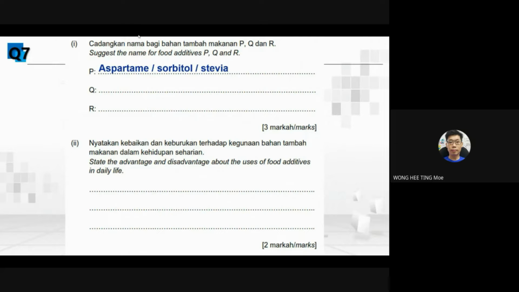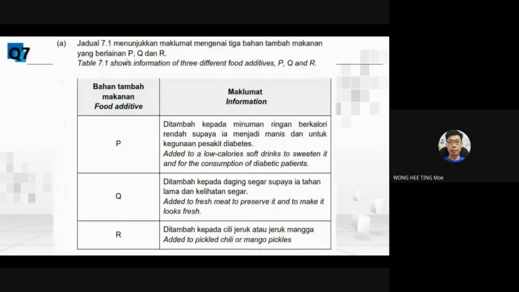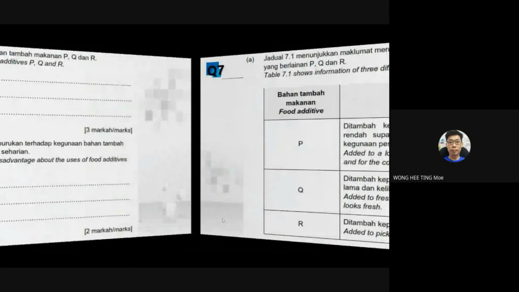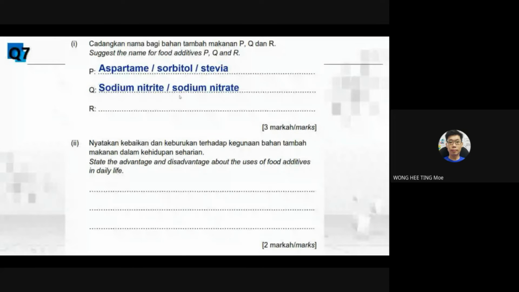MSG is a flavoring, no? It is more to preserve fresh meat and make it look fresh. Okay, sodium chloride, sodium nitrate, or sodium nitrite, these two. Okay, we seldom use the sodium chloride. If you use the sodium chloride, it becomes very salty already. You get what I mean?